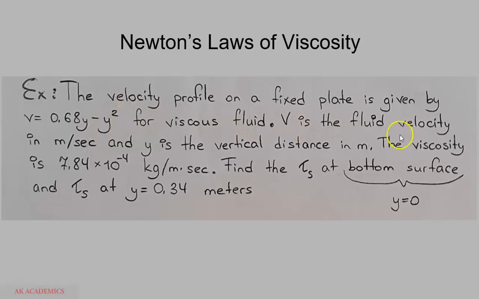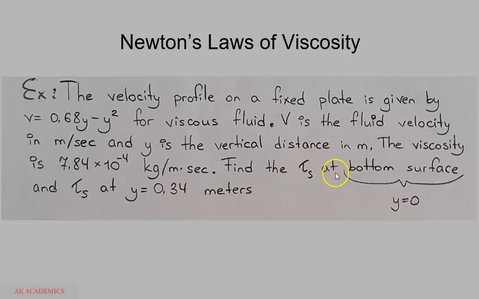If V is the fluid velocity in meters per second and y is the vertical distance in meters, and the viscosity is 7.84 times 10 raised to the power minus 4 kilogram per meter per second, find the tau, which is the shear stress. Find the shear stress at the bottom surface and the shear stress at y equal to 0.34 meters.